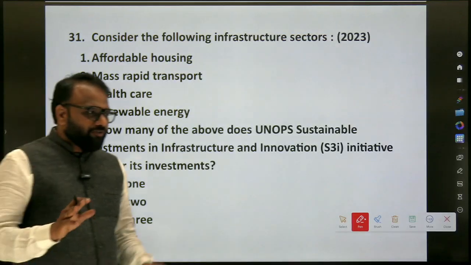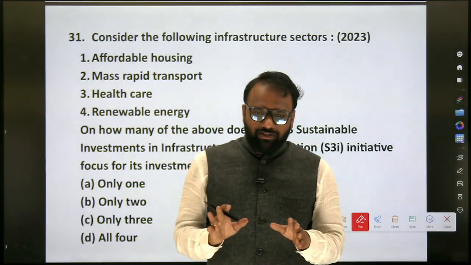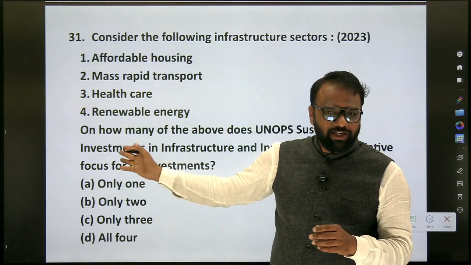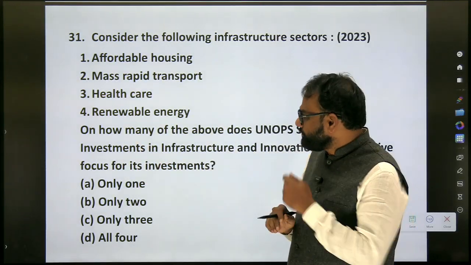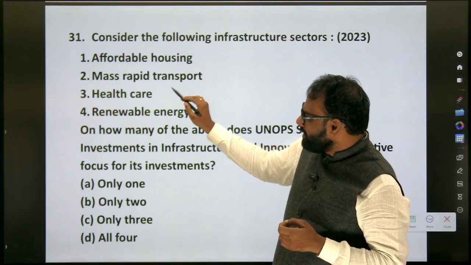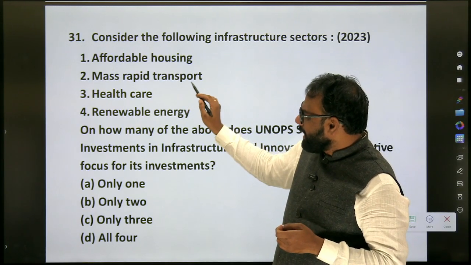Otherwise, what we'll do, we'll just leave this question. Why? Because now we'll just prepare for the answer. What is the answer for this question? Previous year question. I think it will focus on 3: affordable housing, mass rapid transport.